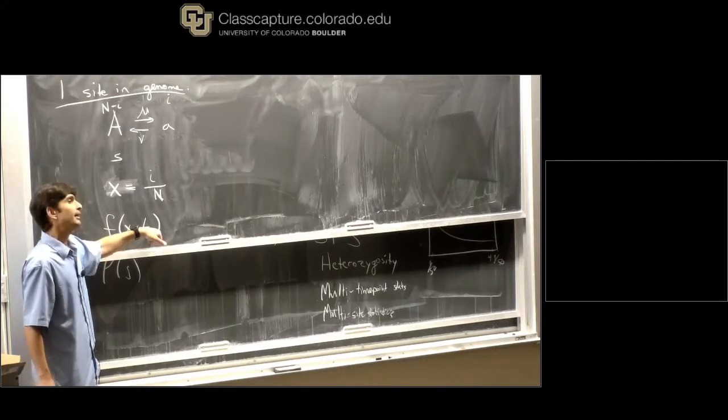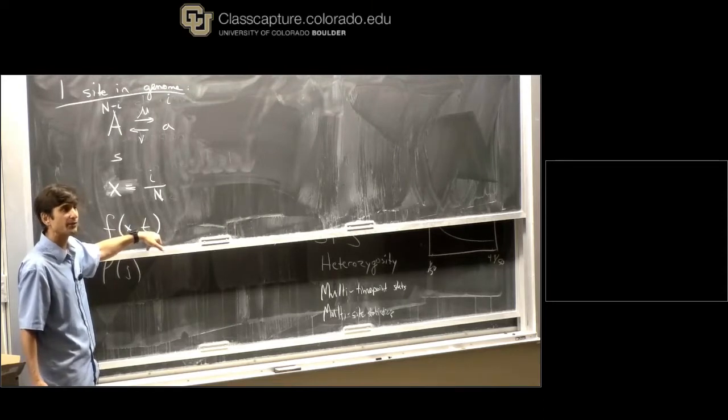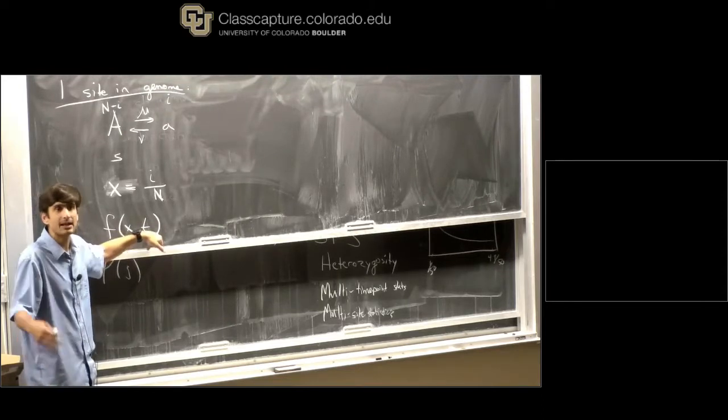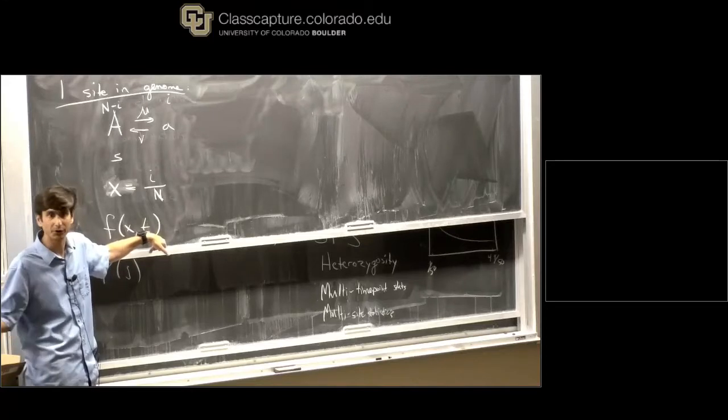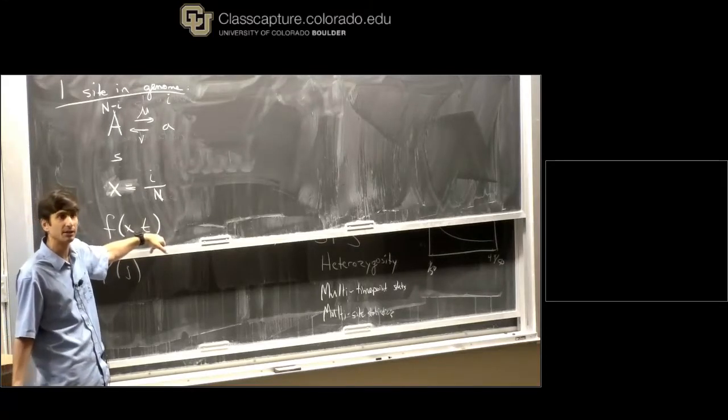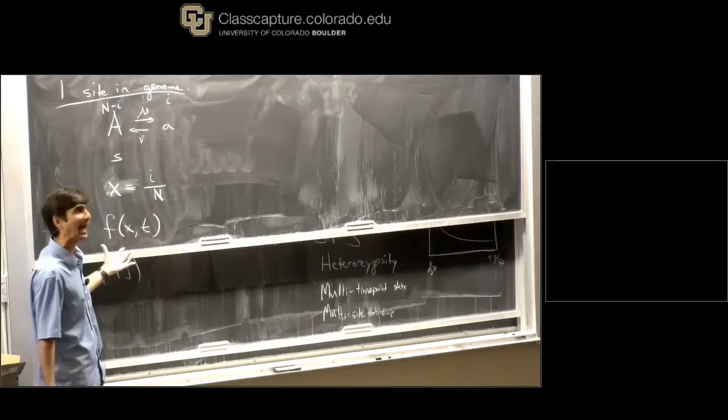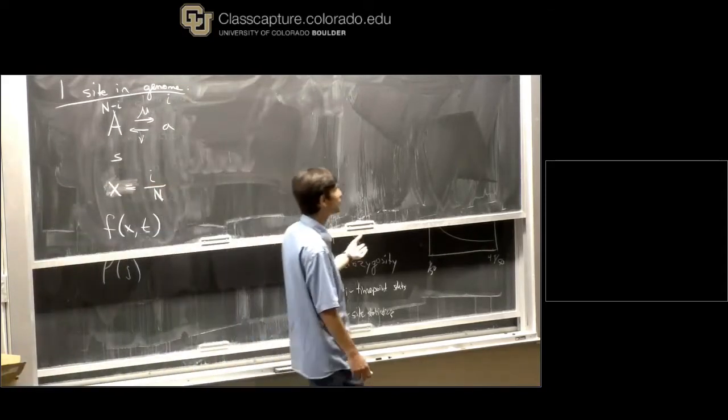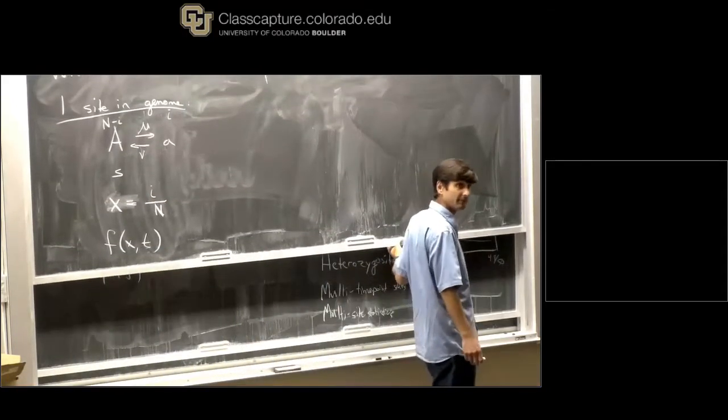More generally, we can do this conditional on having some other distribution of X at some earlier time. There'll be some initial condition here, and this defines how the probability distribution of the allele frequency changes over time.